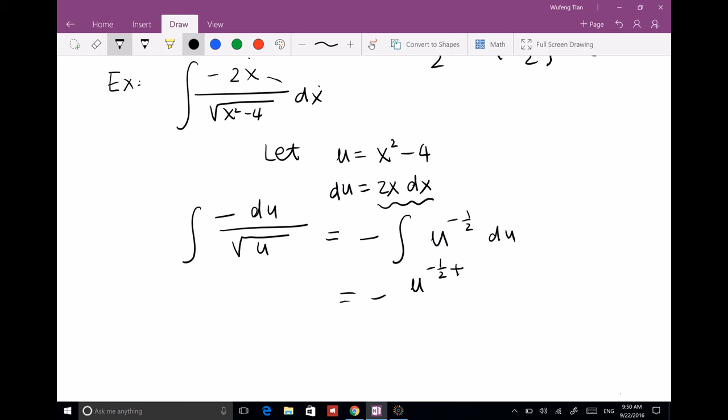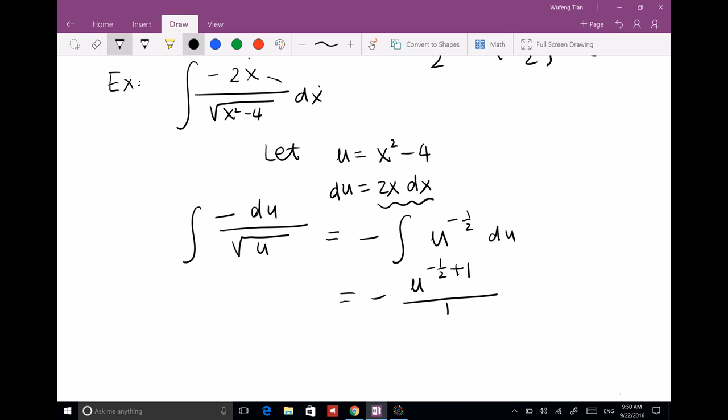What do I divide by? Just 1/2, perfect, thank you very much.